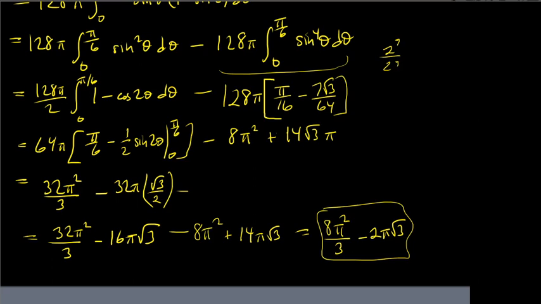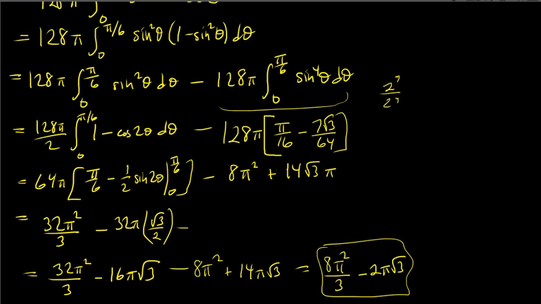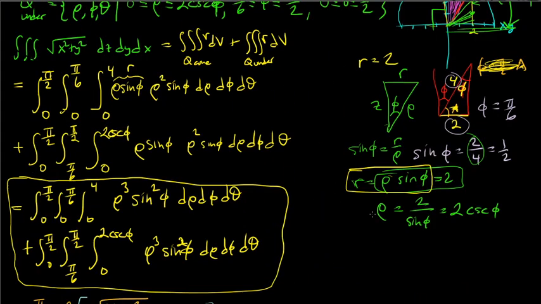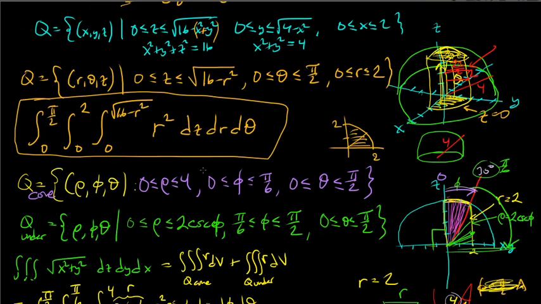And I had to check with the book. I think this is correct. So, wow, I'm amazed. I did not expect that to be right after all this. Oh, and so this is the answer to the problem.